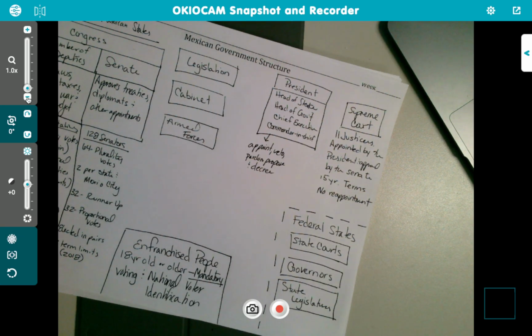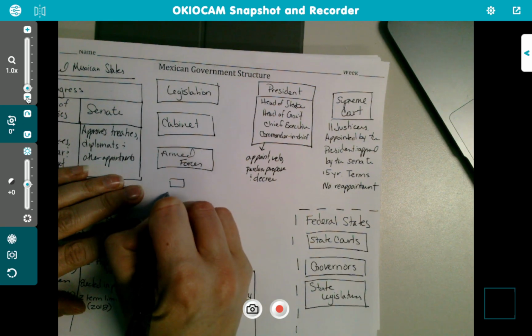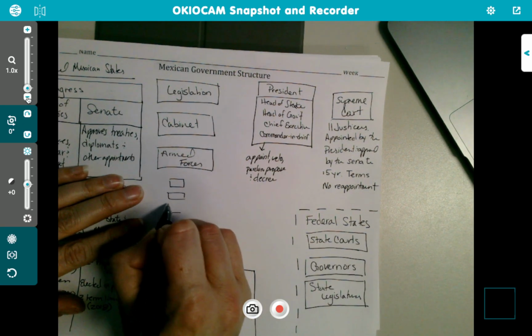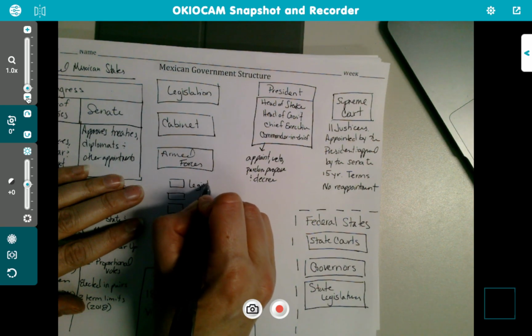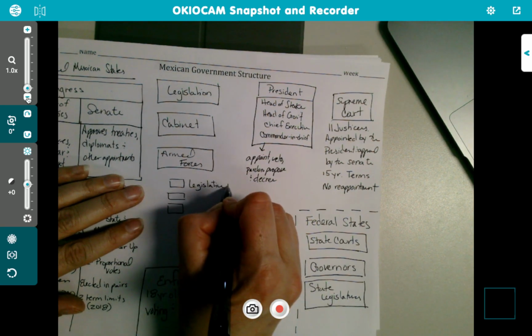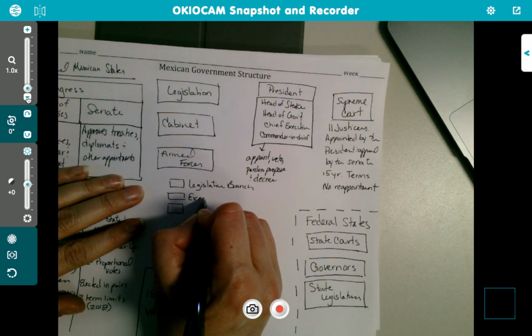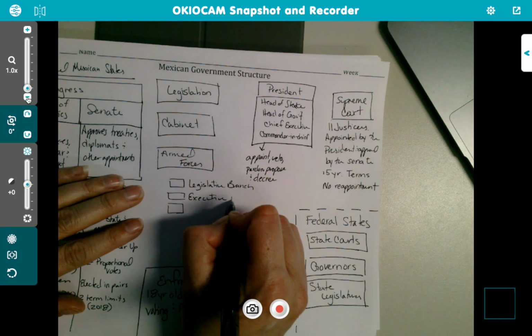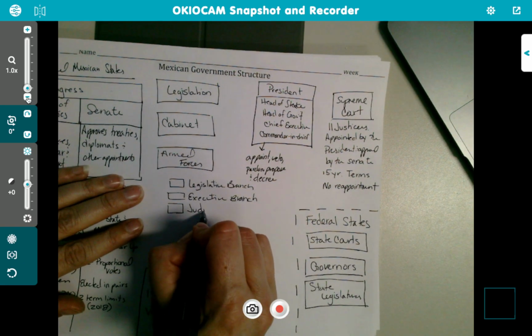All right. So you need 3 boxes, but plenty of room underneath them, just like I have, because we're going to label the legislative branch, executive branch, and judicial branch.